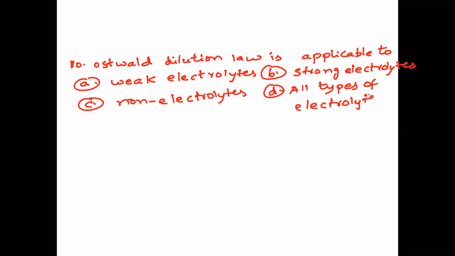So answer for this, as you already know, what is Ostwald dilution law? For weak electrolytes, on dilution, the concentration is being increased. So we can say the answer is the first option, that is weak electrolytes.